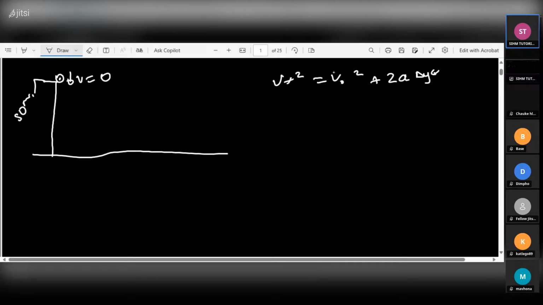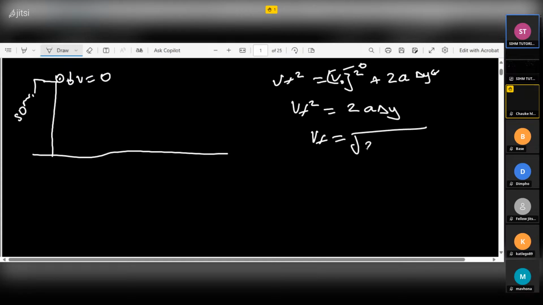If the initial velocity is zero, anything to the power of two with zero is going to be zero. So we are left with v f squared equal to 2 a times the change in y. So this is the same as v f equals root of 2 a times change in y.